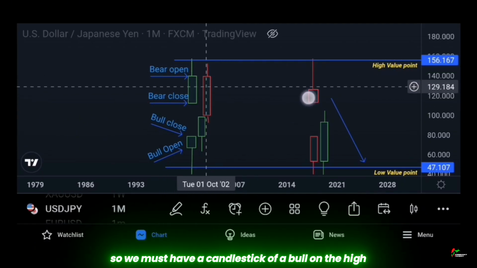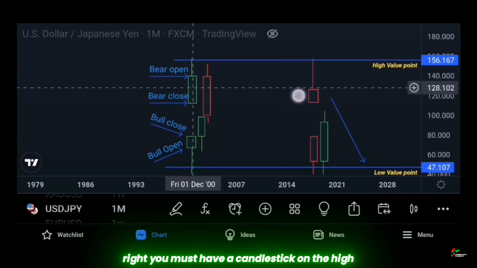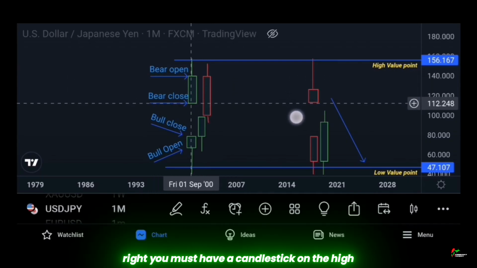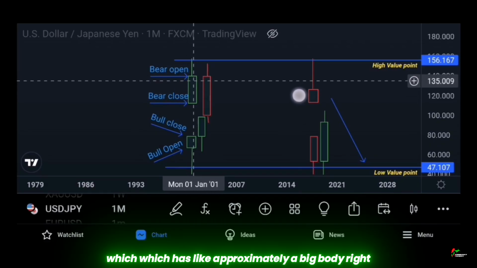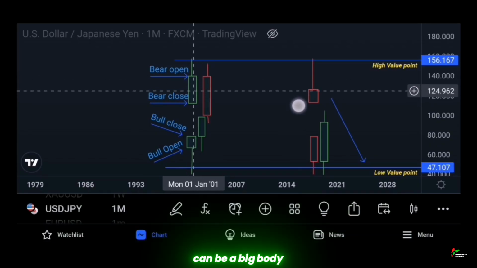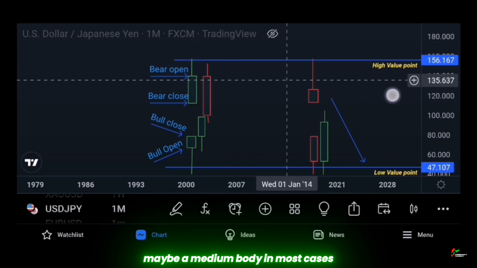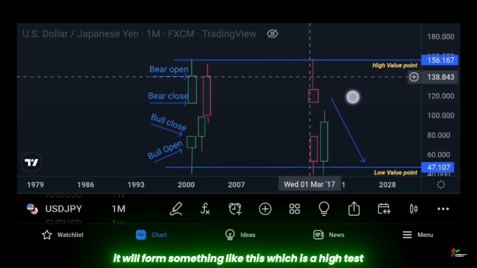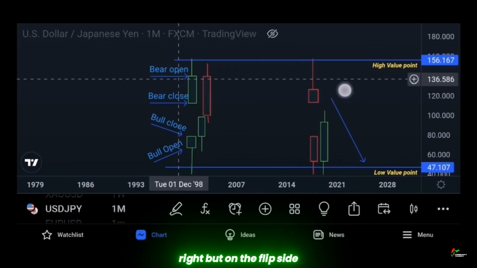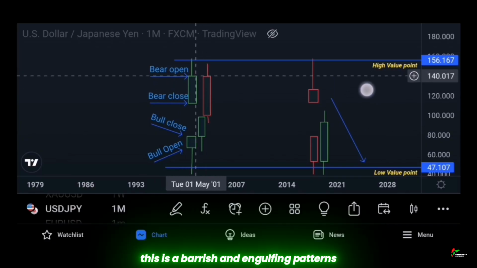We must have a bull candlestick on the high, with approximately a big body, maybe a medium body. In most cases, if it has a small body, it will form something like this, which is a high test, right? But on the flip side, this is a bearish engulfing pattern.